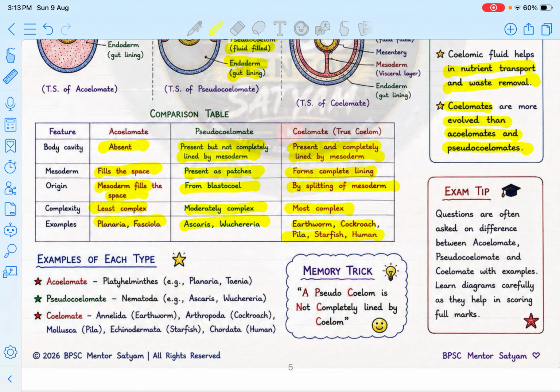That is the reason, and as I mentioned, questions are sometimes asked on the difference between acoelomate, pseudocoelomate, and coelomate with examples. So you have to learn the diagram carefully, as it helps in scoring full marks. Especially in the BPSC, the chances of getting negative marks are significantly reduced.